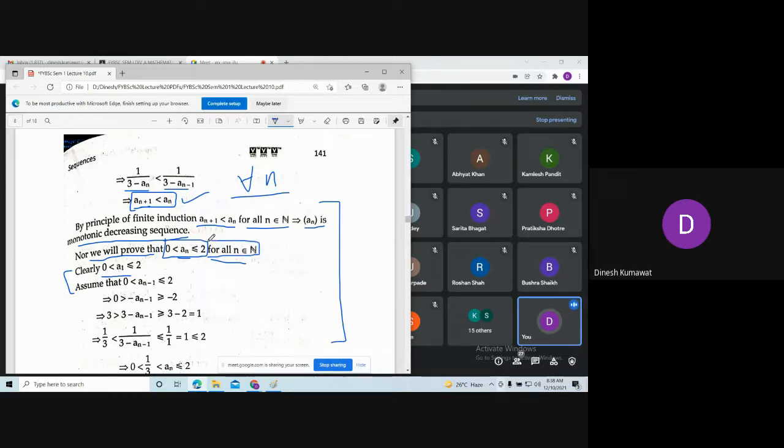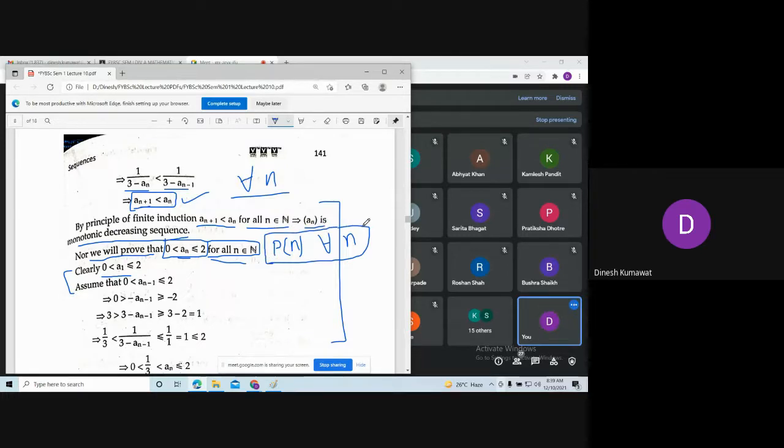What do you need to use? Remember, whenever you have some statement in terms of n and you need to prove that statement is true for all n, we have a standard tool to prove that kind of statement, which is nothing but the mathematical induction.